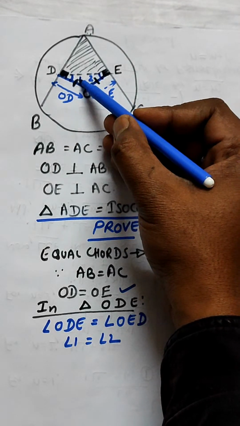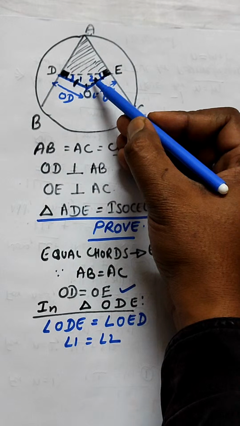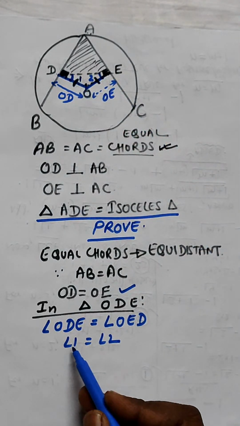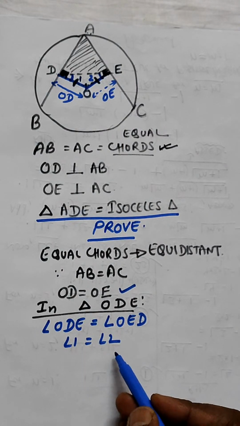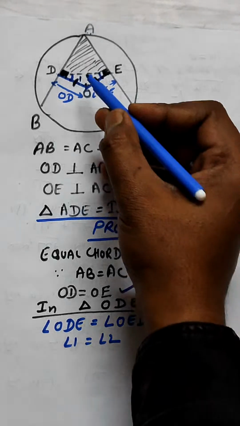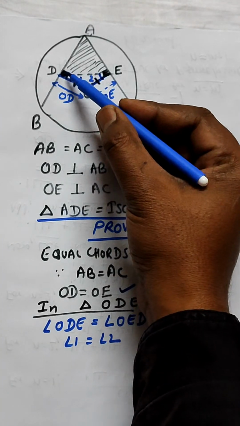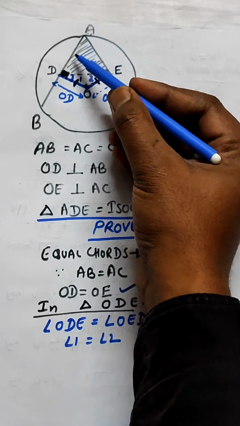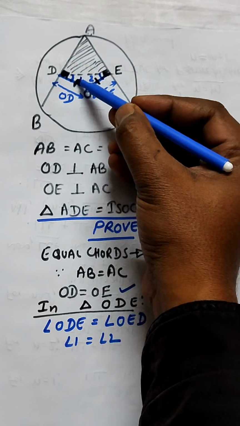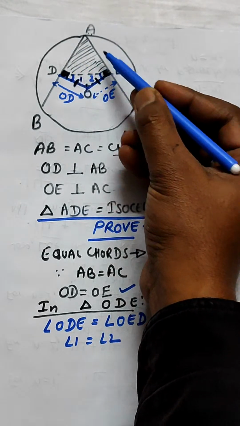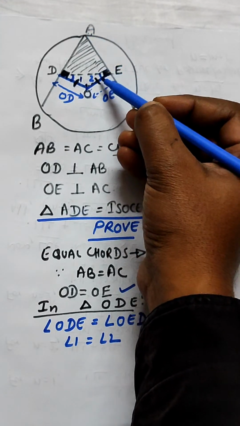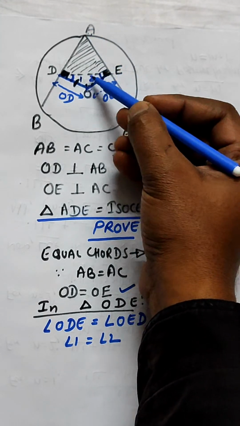These are smaller angles, right? I hope you are able to see it. So this will be equal. Now, if these are equal, then if angle ADO is 90 degrees, 90 minus this equals angle 1, and here also in triangle AEO, or here angle AEO, 90 minus angle 2, these both are equal.